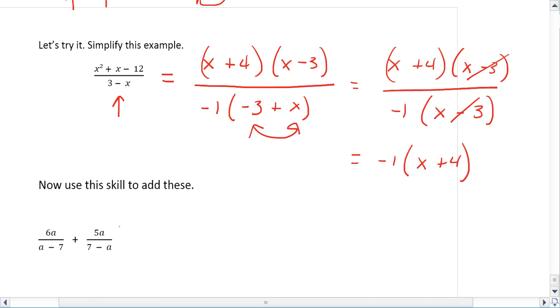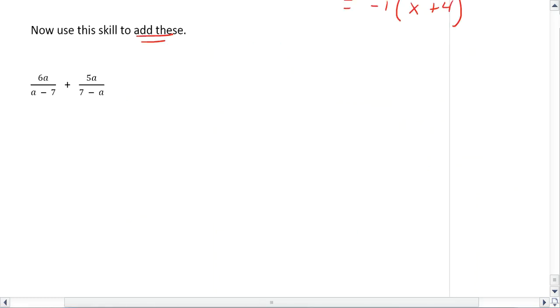So now let's use this skill to go ahead and add these two fractions. We notice that we almost have common denominators. This is an a minus 7, so I'm going to keep that denominator. But I know I need to have the exact same denominator over here before I can add them.